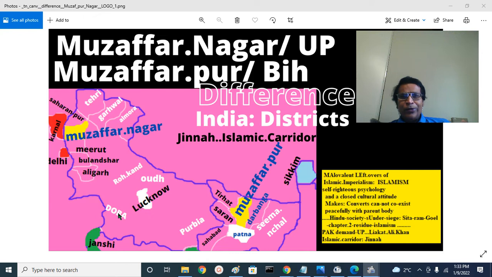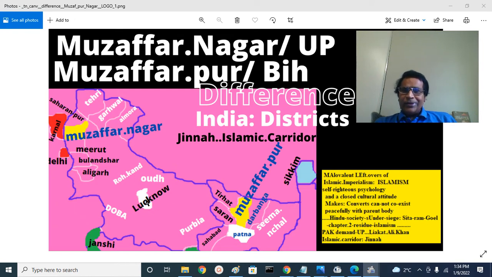The middle Doab region, and as a landmark in the Bundelkhand region, Jhansi district, Jhansi, Lalitpur. In the Sonpar region, this is the Sonbhadra or Mirzapur district, Purbiya region.